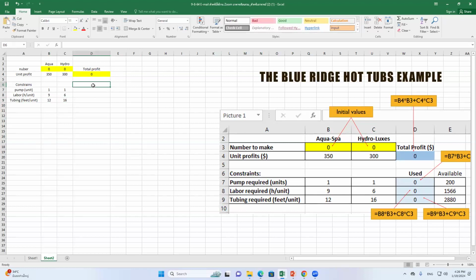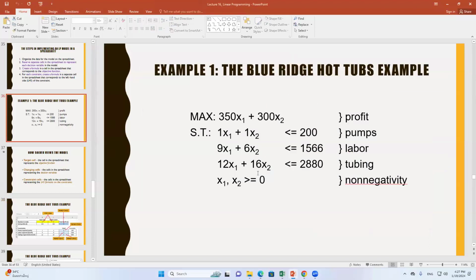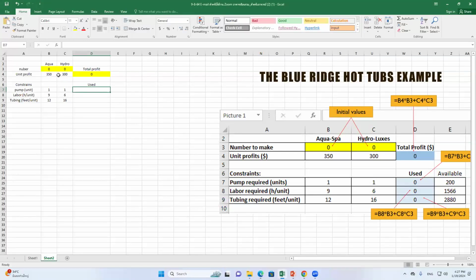Now when we use this, we use 1 pump per 1 Aqua A. That means x1. You have to check: this is x1 multiplied by 1 plus x2 multiplied by 1. That 1 means 1 pump for Aqua A and 1 pump for Hydro.